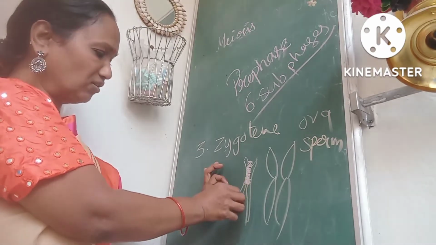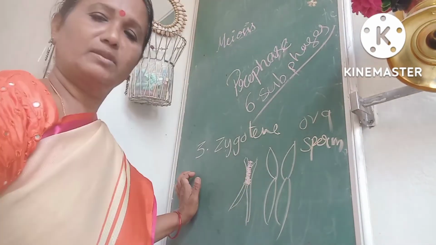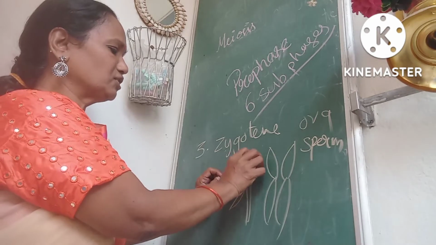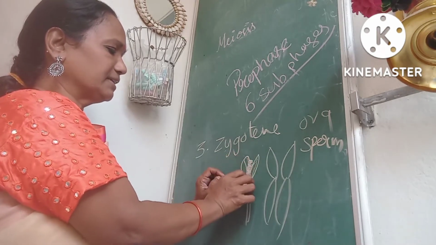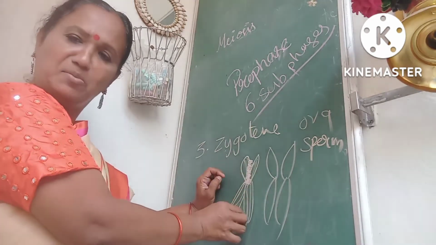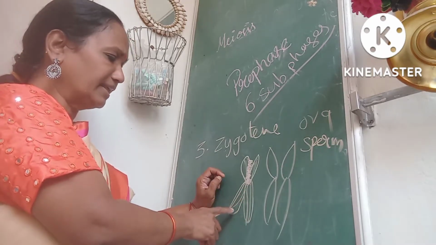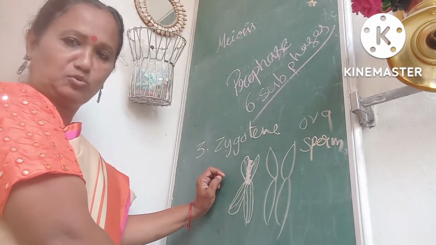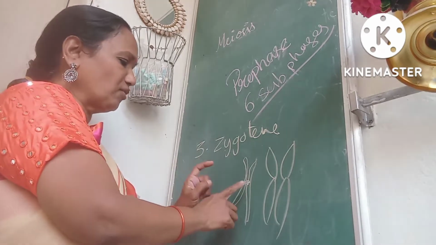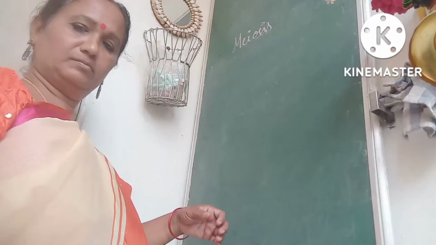There are many points along the length of the homologous chromosomes where synapsis can start.